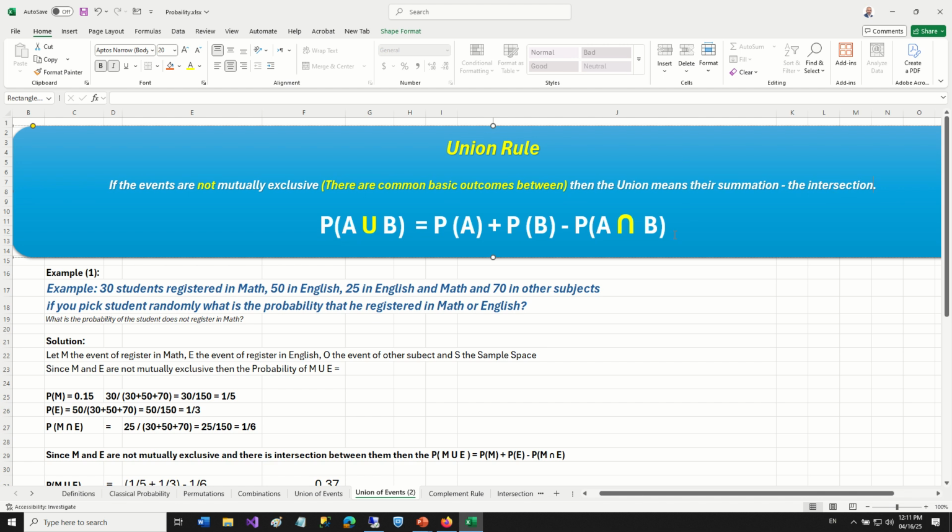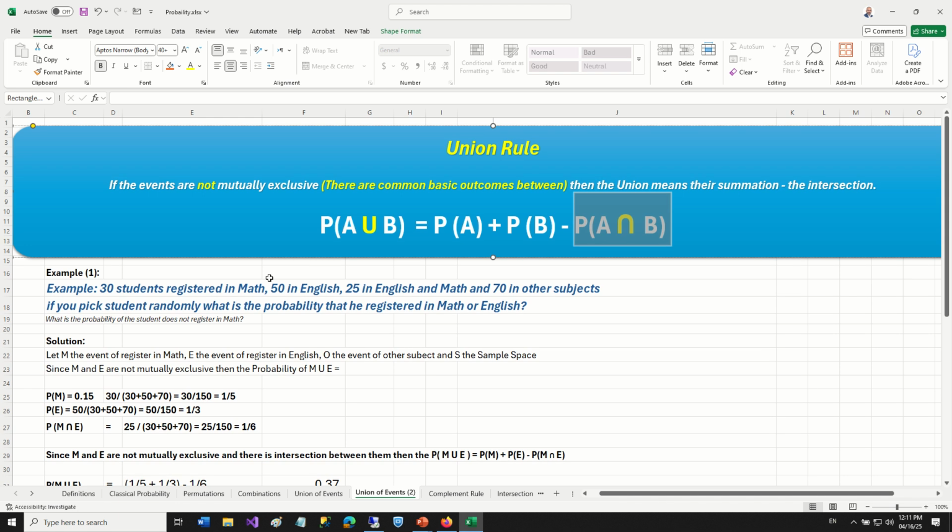So the probability of A union B, in this situation where there are common basic outcomes, they are not mutually exclusive. So it is probability of A plus probability of B minus probability of A intersection B.